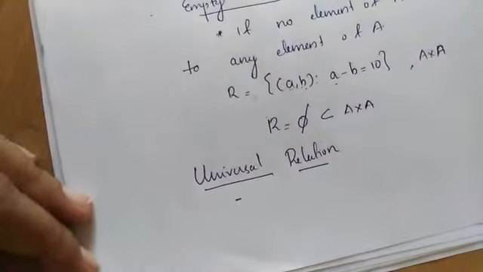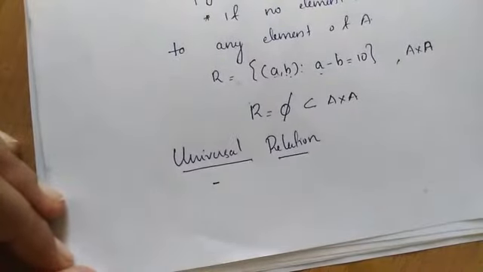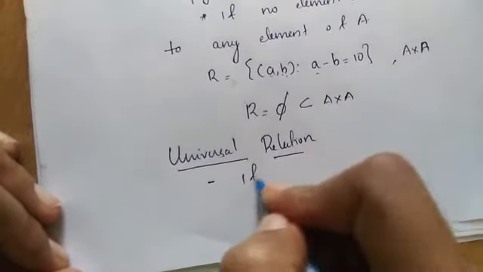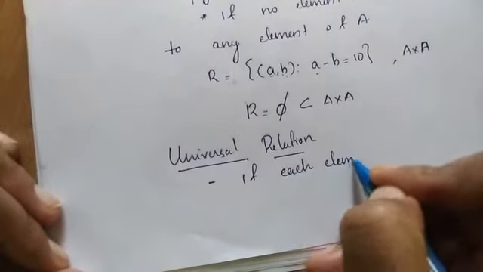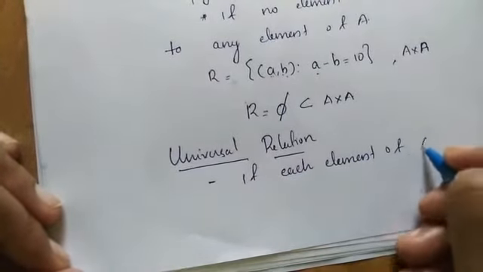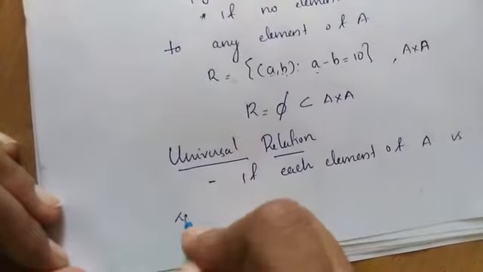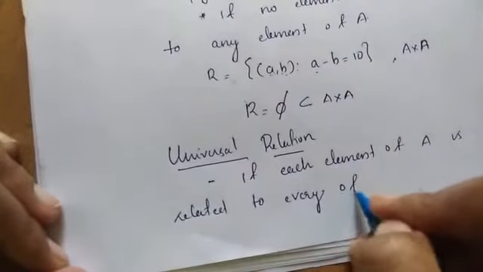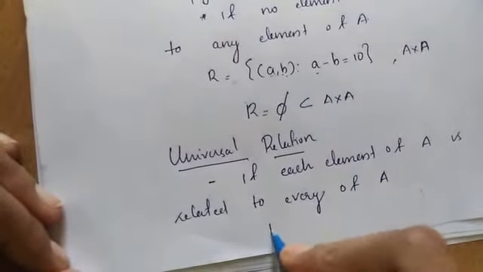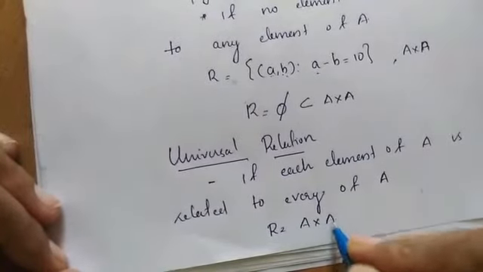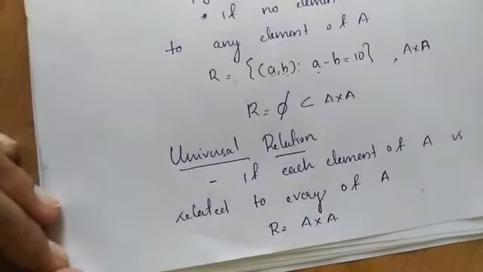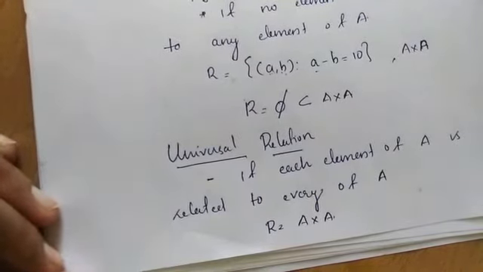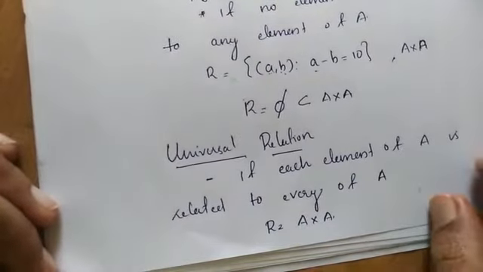A relation is said to be a universal relation if each element of A is related to every element of A. For example, R equal to A cross A is an example. Every element of A is related to every other element of set A.